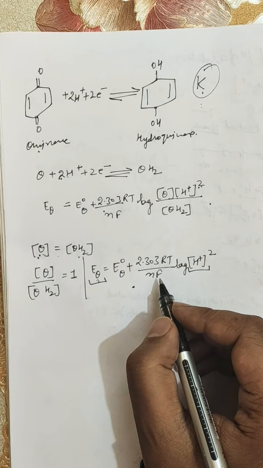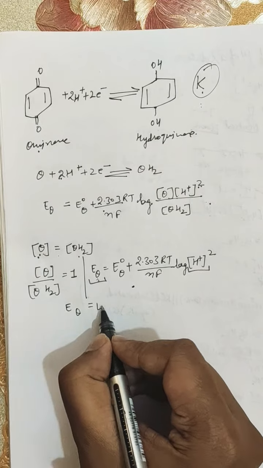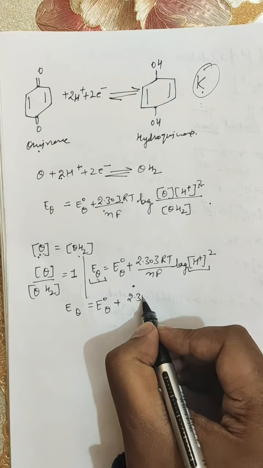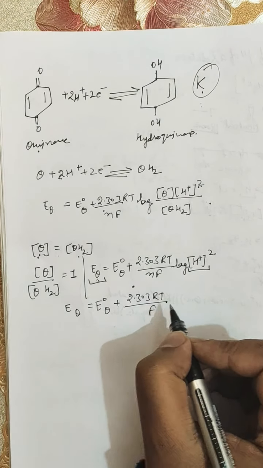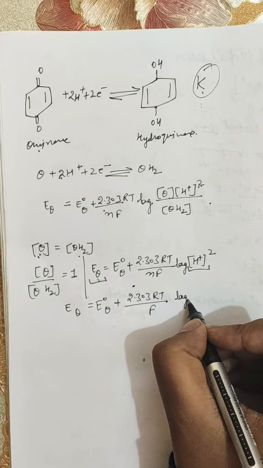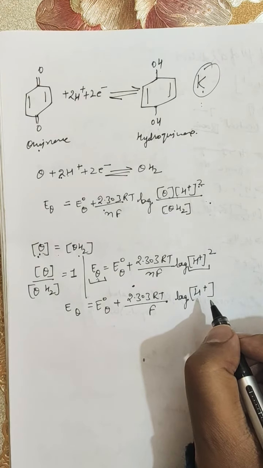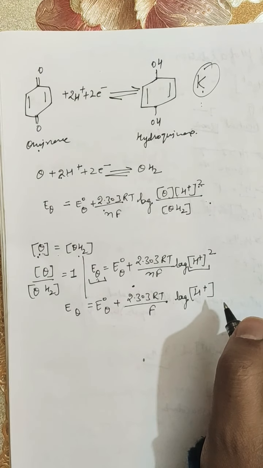So we can rewrite according to the Nernst equation that EQ becomes equal to E naught Q plus 2.303 RT/F log of H positive.